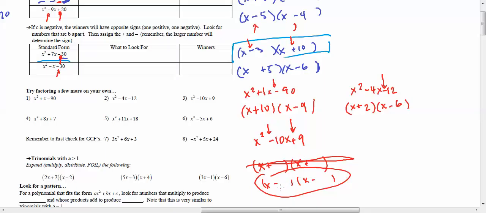All right. Do you understand why I definitely know that I'm dealing with a negative negative? Yeah? All right. So what numbers can I choose to go in there? Everyone please answer.